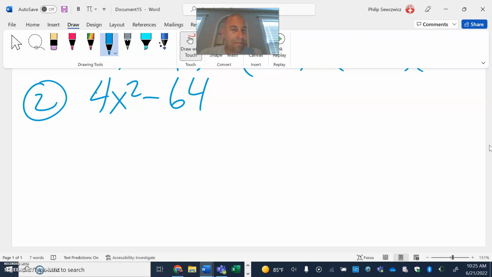It is a binomial, and I do see a subtraction sign, and I do see 64 as a perfect square. But the number 1 rule of factoring is to get that greatest common factor out. The technique that we use with your binomials typically only works if it's a plain old x squared. Now, it's not. It's a 4 that's there.